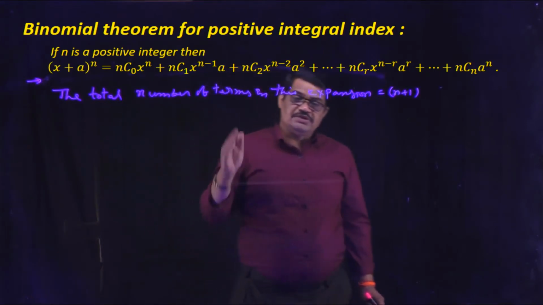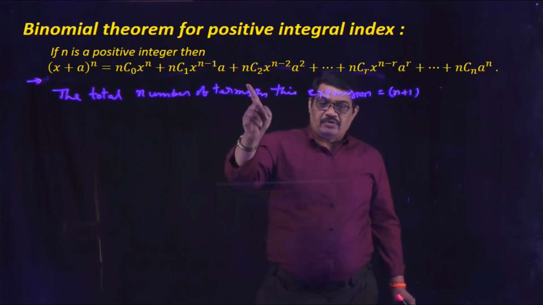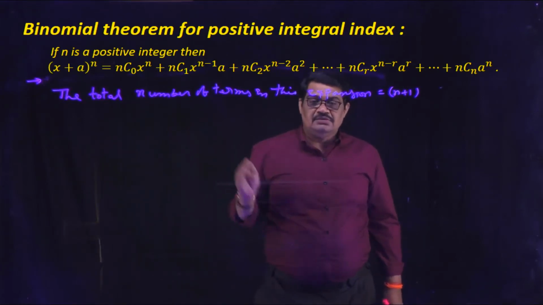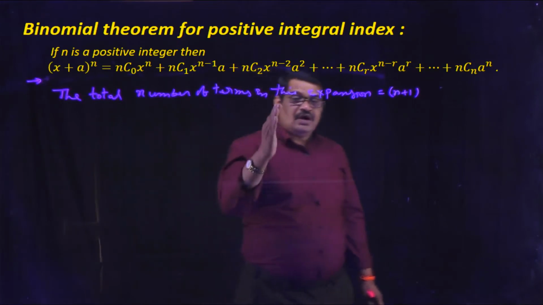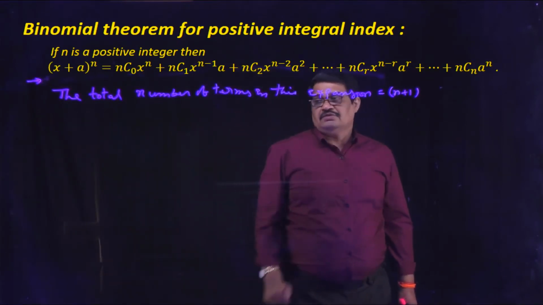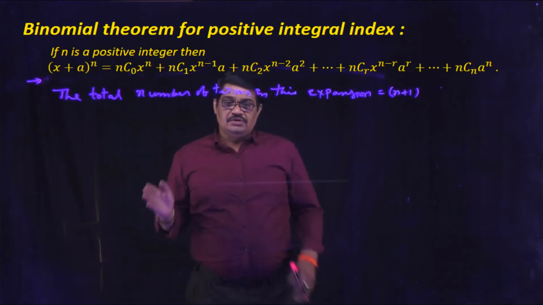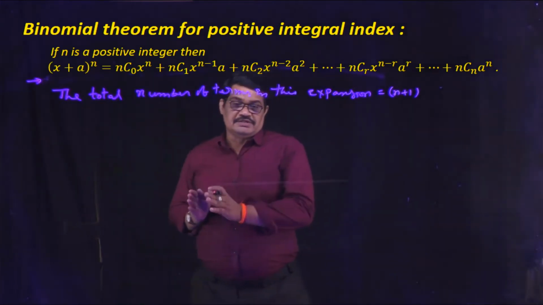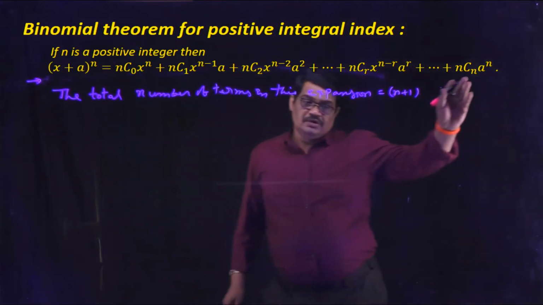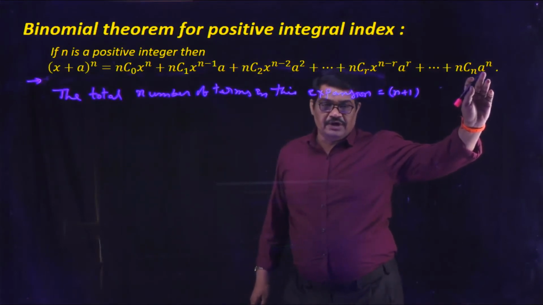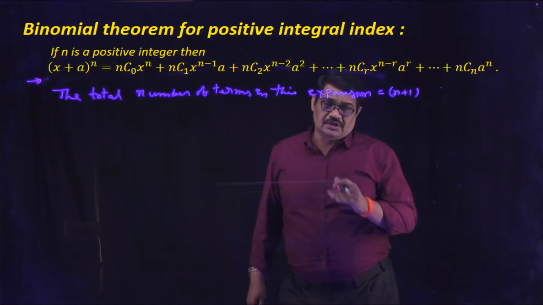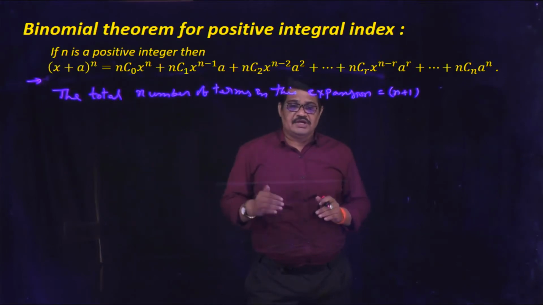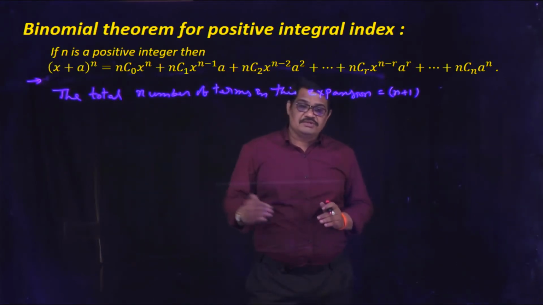In the next term, the second term, x^(n-1) a^1, and the third term, x^(n-2) a^2. The first term's powers are decreasing and the second term's powers are increasing. This is the main observation. The first term's powers decrease from n to 0, the second term's powers increase from 0 to n, and the last term is x^0 a^n.